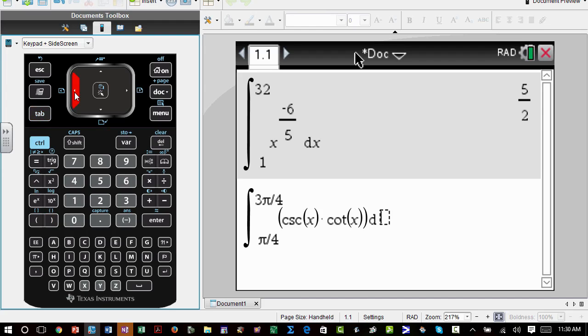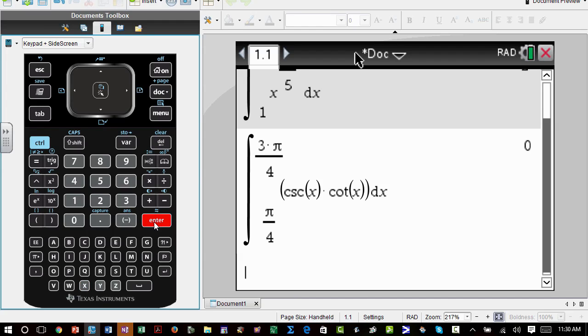Do I have that put in correctly? Yes, sir. Looks good. Enter, and we also get a 0 back. Look at that beauty. Any questions?